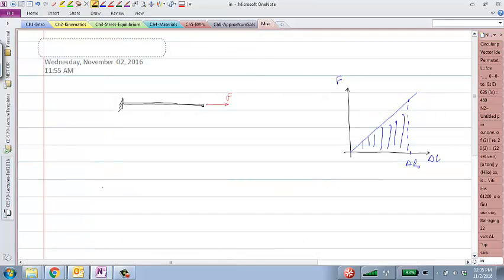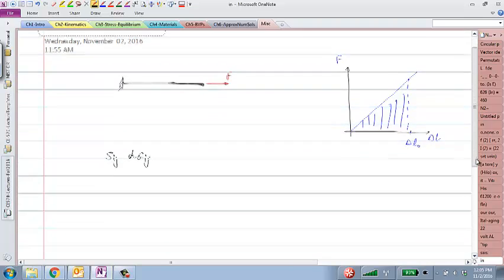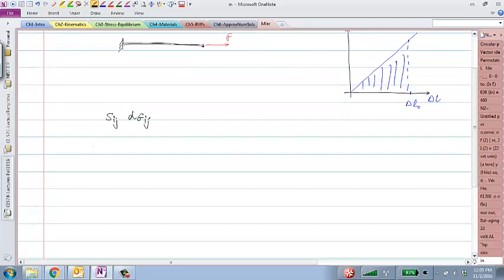So we are saying S_ij d epsilon_ij. What does that mean? If we follow the index notation, S can be represented as a 3x3 matrix, and d epsilon can be represented as another 3x3 matrix. What does this mean in terms of these two operations?